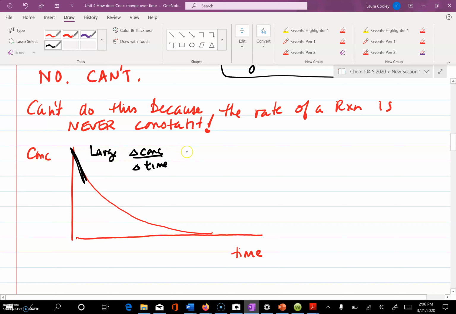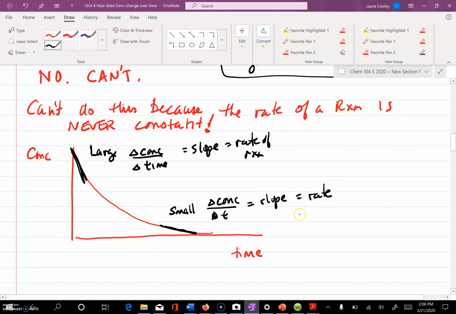So this is a large slope, and the slope, remember, is the rate of reaction. And here, now you have a very small change in concentration with time, which is the slope. So you have a smaller rate. As I said, reactions start fast and they end slow.